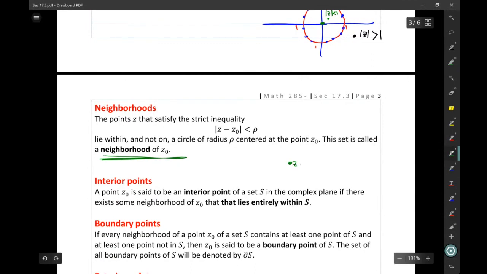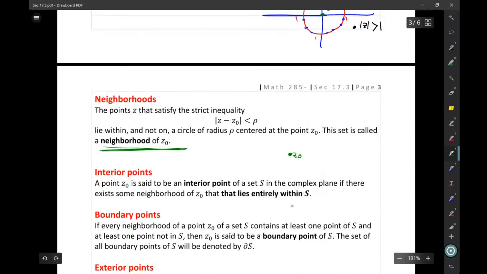I mean, this is z naught, and if we have this circle with radius r, the points which are not on the boundary of the circle but inside the circle all satisfy the inequality modulus z minus z naught less than rho, because rho is the radius.